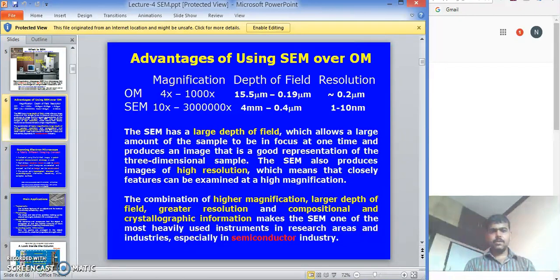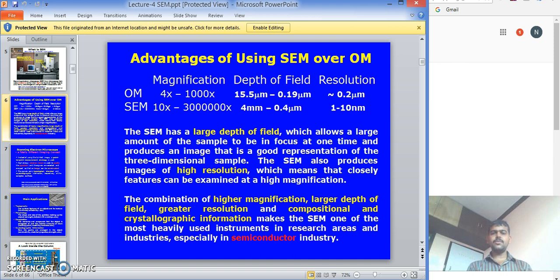The magnification, depth of field and resolution of an optical microscope are 4x to 1000x, 15.5 micrometer to 0.19 micrometer, and 0.2 micrometer respectively. Whereas for the scanning electron microscope, the magnification is 10x to 3 lakh x, the depth of field is 4 mm to 0.4 micrometer, and the resolution is 1 to 10 nanometer.